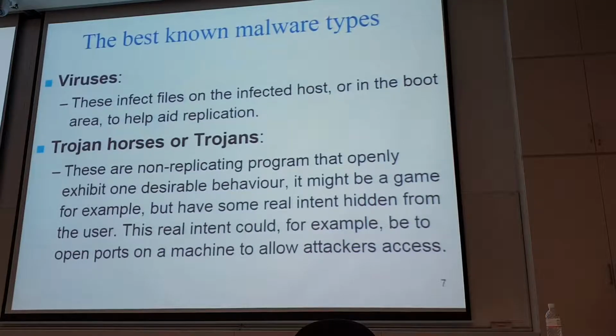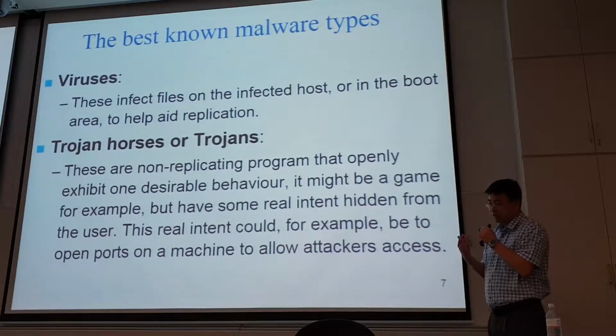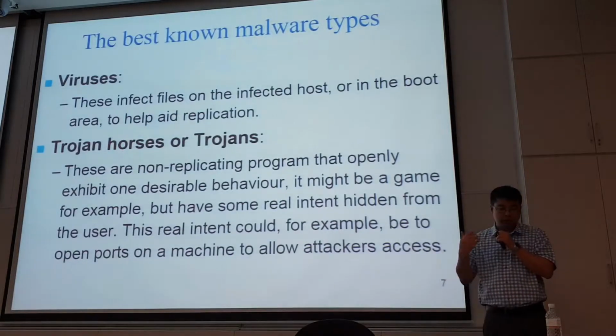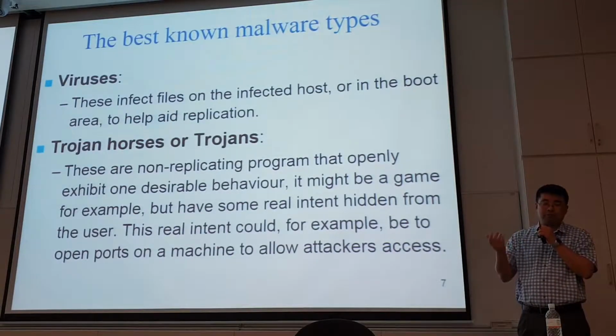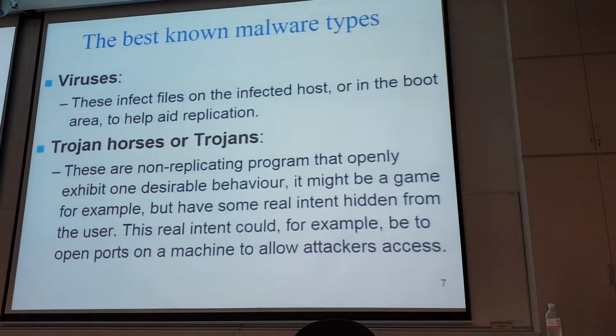The Trojan horse again requires a host. A Trojan horse is attached to another piece of software which looks normal. For example, you may attach a keylogger to a game, because when you play a game, you also need to recognize the keystrokes from the user in order to play.